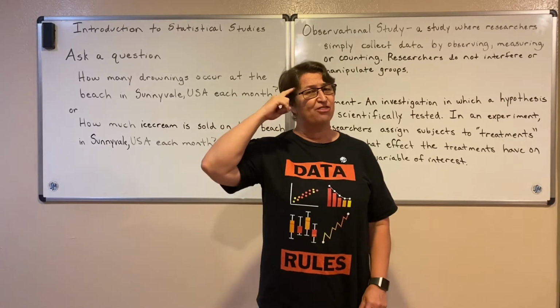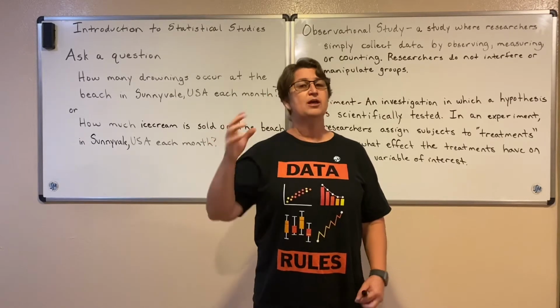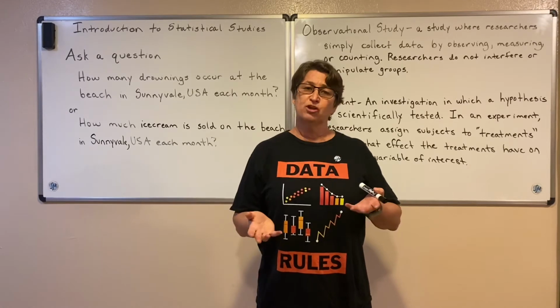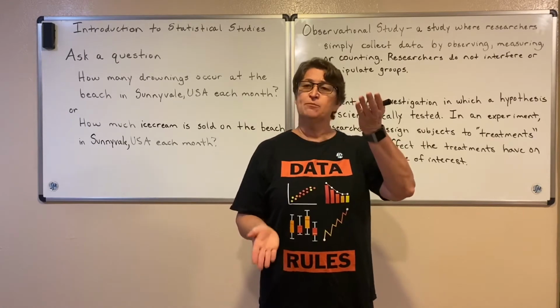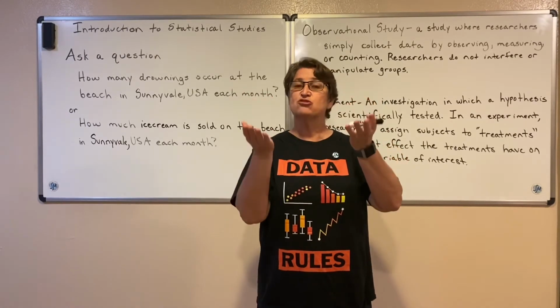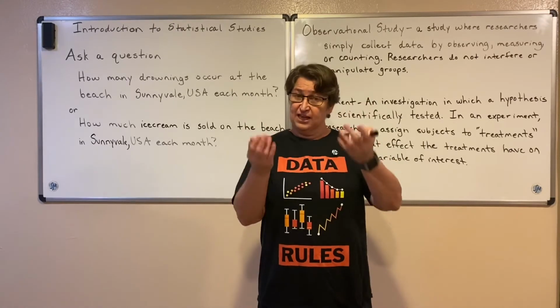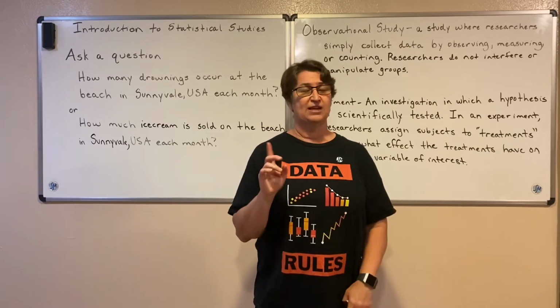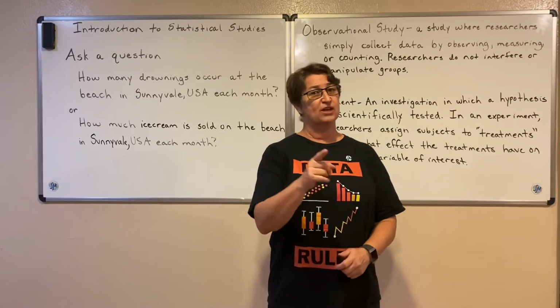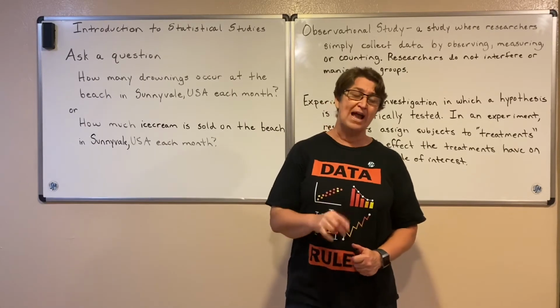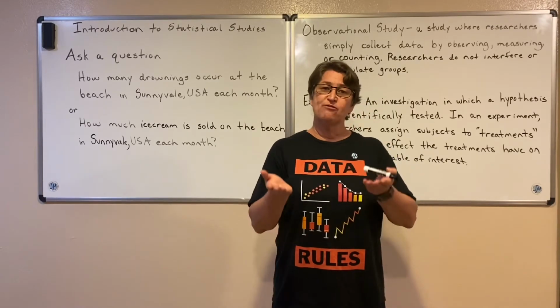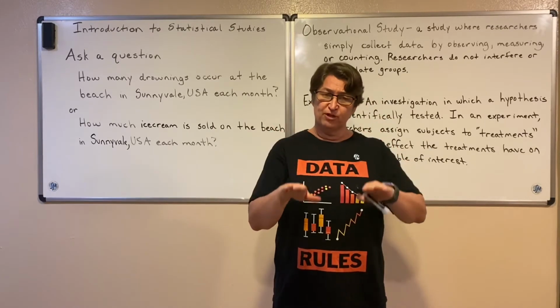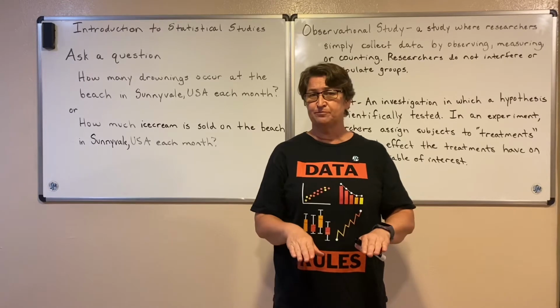But maybe my thinking isn't all clear. Maybe those two variables, the sales of ice cream and the number of drownings, correlate. They go together, but maybe sales of ice cream doesn't actually cause drownings. Can you think of another variable that might make both of them go up and both of them go down at the same time?